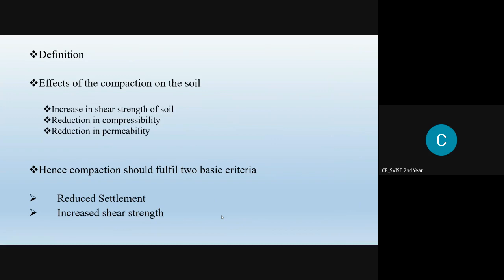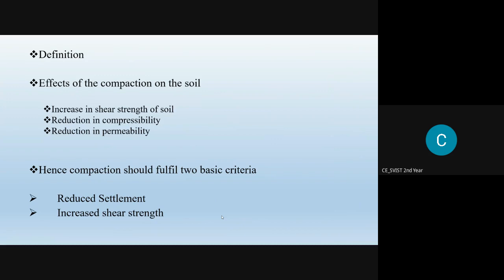Another one is reduction of the permeability. As we said before, in case of a dam, if the pores or voids between the soil are less, then water would not pass through. So another effect of the compaction is reduction of the permeability.